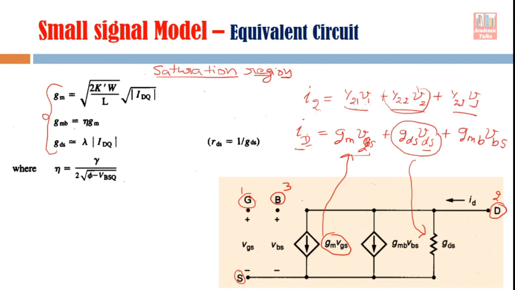Here it is written as GDS in the form of conductance. If you want to write it in the form of resistance, you have to take the inverse of this, so it is also possible that we denote it by RDS. It is our choice.